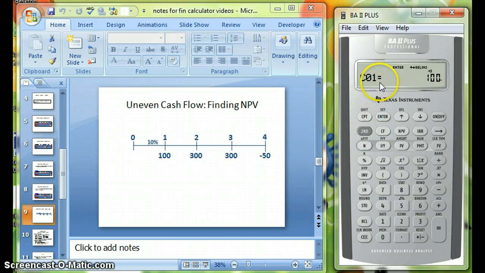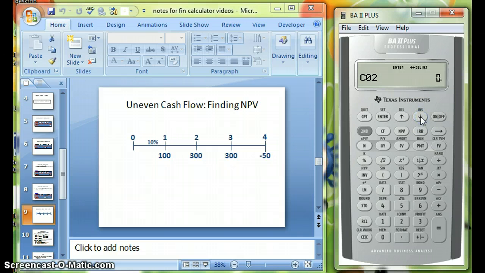Make sure you press the enter button, so C01 equals 100. You press the down arrow button again, it asks you for F01, which is the frequency of this $100. How many do we have of $100? Only 1, so you can just leave it as 1.